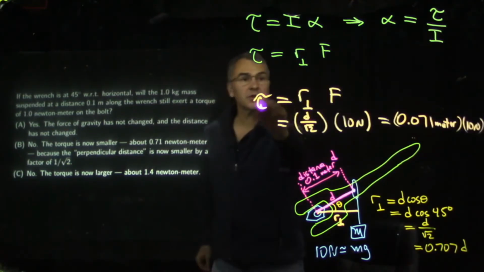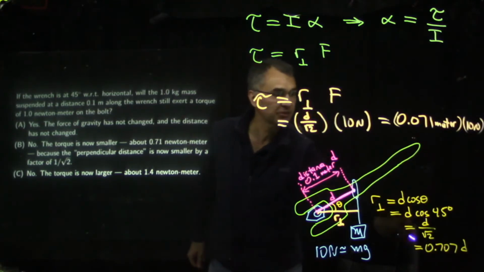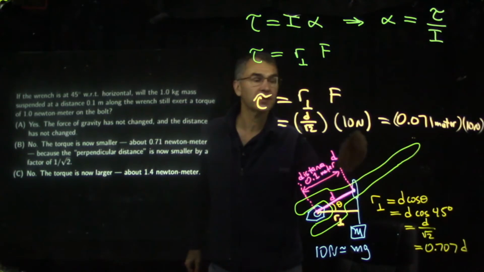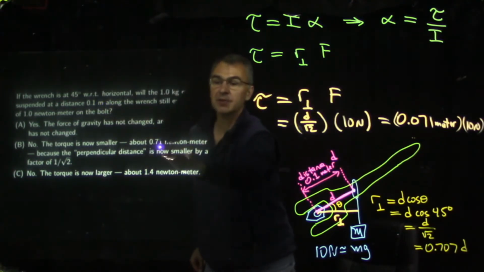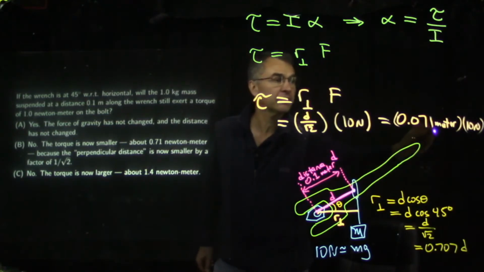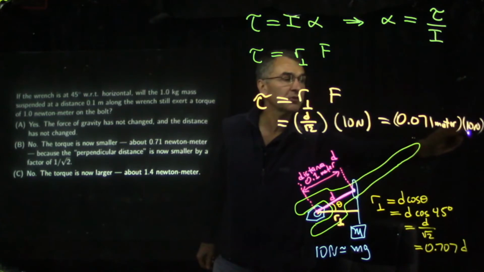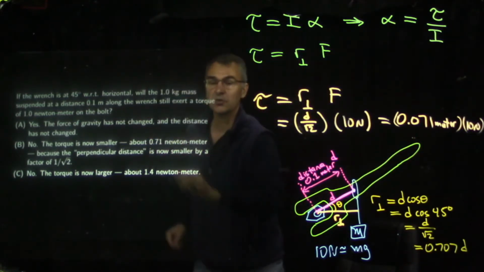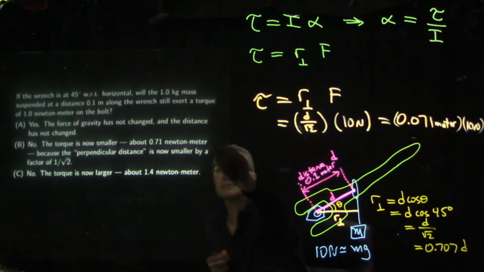So my torque will be r perpendicular times the force. R perpendicular is just d over root 2, which is 0.071 meter, right? So I take 0.1 meter and multiply it by 0.71, and that gives me 0.071 meters. The force is still 10 newtons, so 0.071 meters times 10 newtons is 0.71 newton meters. So I think I like this, 0.71 newton meters.